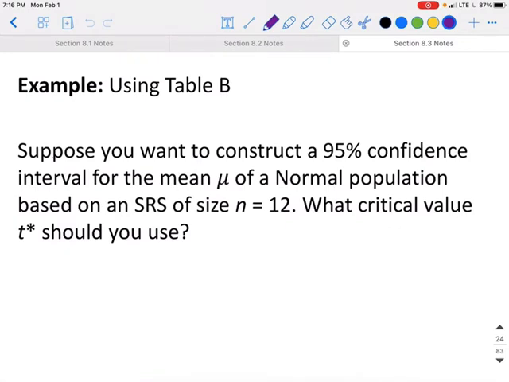So when you're using table B, suppose that you want to construct a 95% confidence interval for the mean mu of a normal population based on a simple random sample of size 12. What critical value t star should you use? If our n value is 12, remember your degrees of freedom is 12 minus 1.